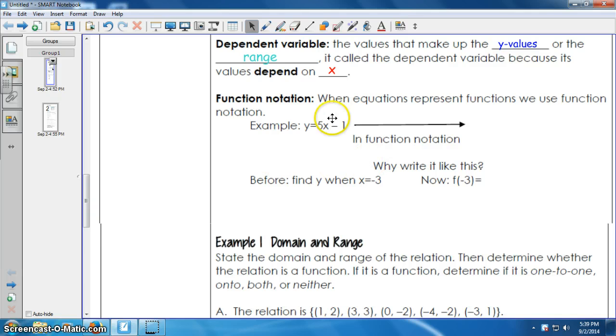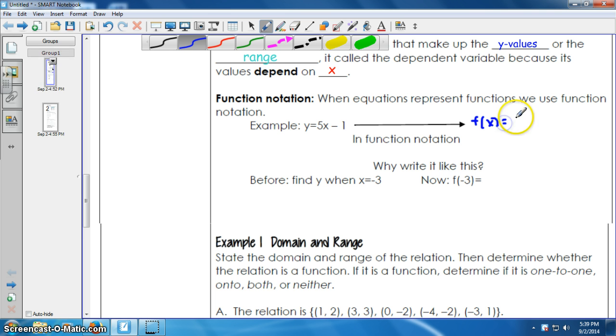So function notation, when an equation represents a function, we use function notation. So for example, if you had something like y equals 5x plus 1 or minus 1, in function notation, what that would look like would be f of x. So we know it's a function of x, with some numbers that we're going to plug in for x.